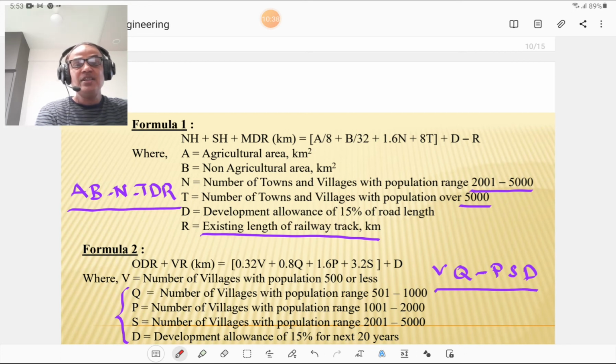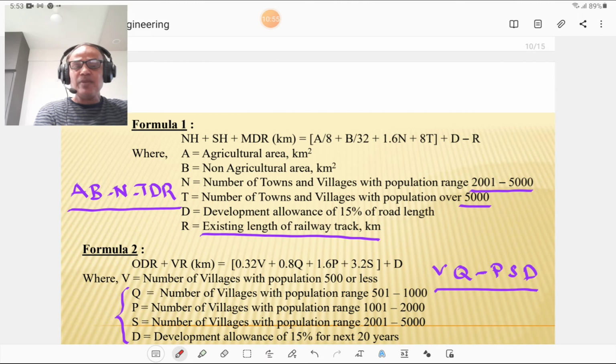So the railway track length is deducted in this formula of NH plus SH plus MDR. The population considered is above 2000. This is formula 1 for the length of national highways, state highways and major district roads.